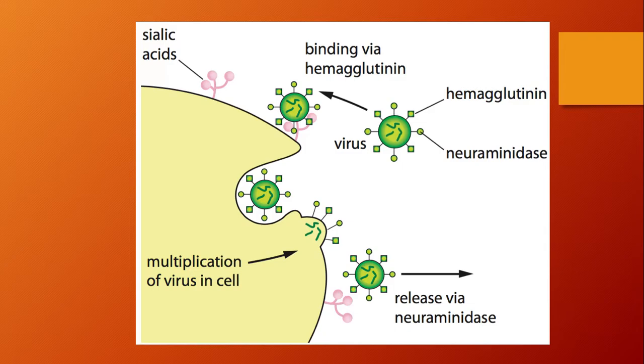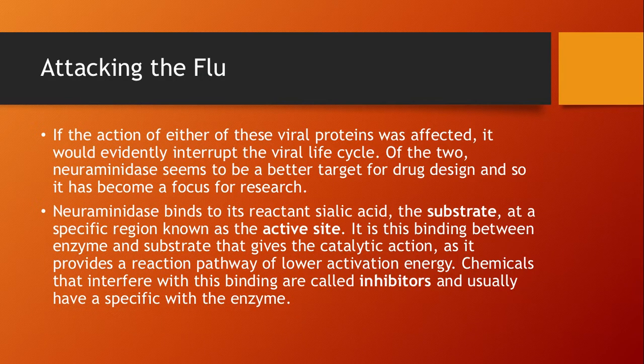It'll replicate its DNA or RNA, and then it will release via the neuraminidase. So if we can prevent one of these actions from taking place, then you may be able to prevent the spread of that virus. Okay, if you can change the life cycle of the virus.